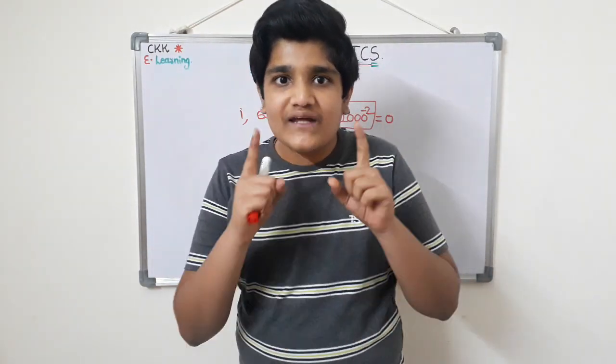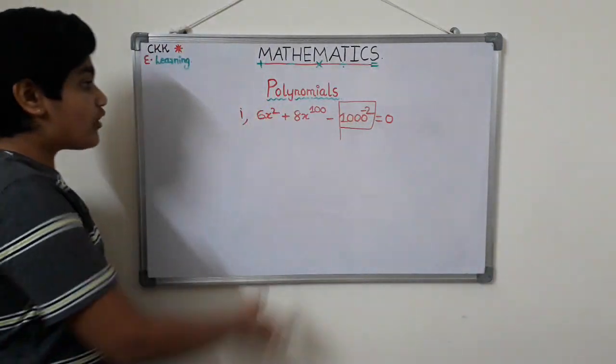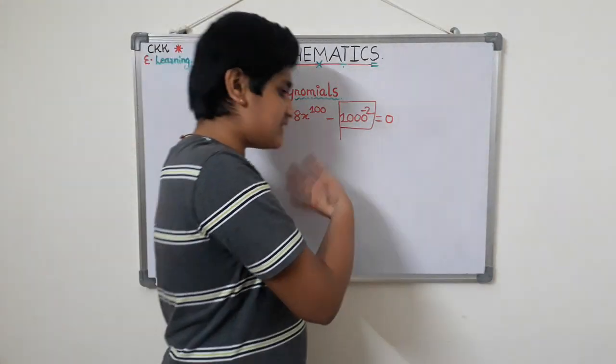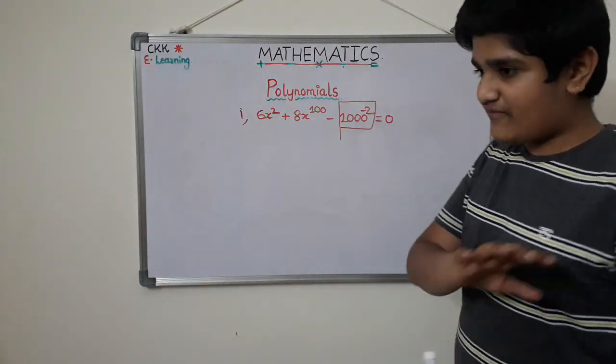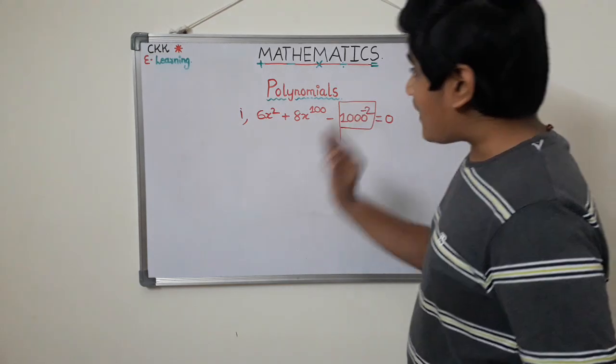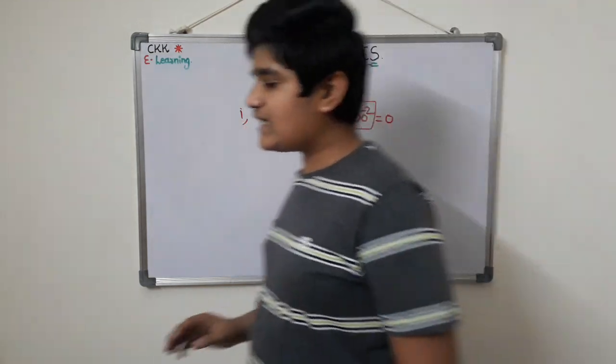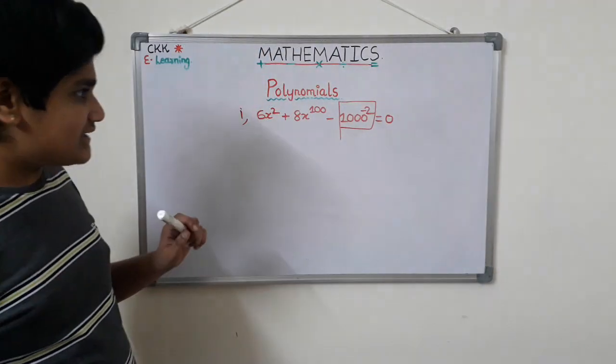Only variables are considered. You have to check the power of variables. Please don't make a mistake. This type of question will come in exams to confuse you, but you must not get confused. Only the power of the variable is considered here, not the power of constants.